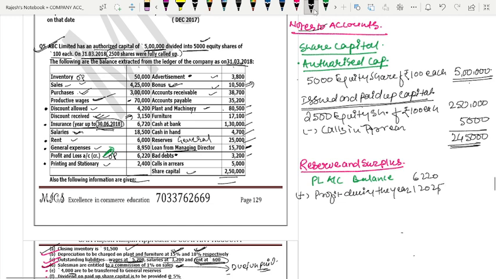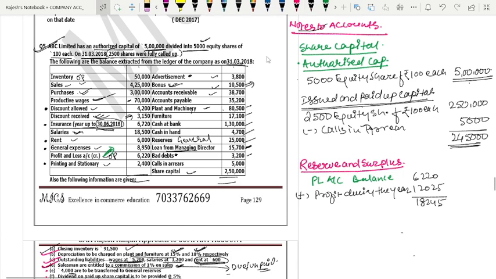This is the amount of profit. Now add it: 12,025 plus 6,220 becomes 18,245.